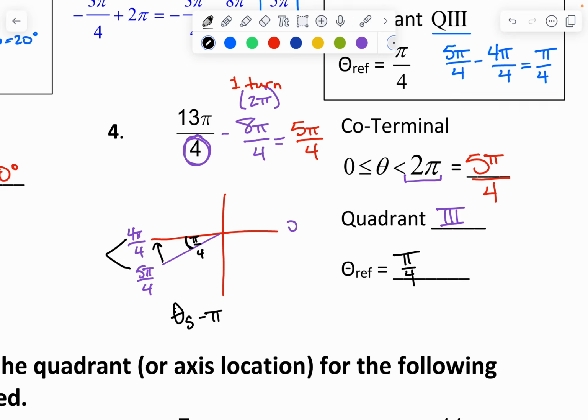That's my reference angle. I didn't draw that super accurately because this is a 45 degree, so it should have been more like here. So let me clean that up so it doesn't cause any confusion.